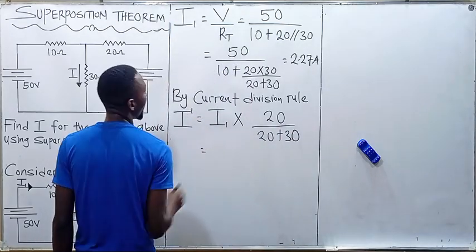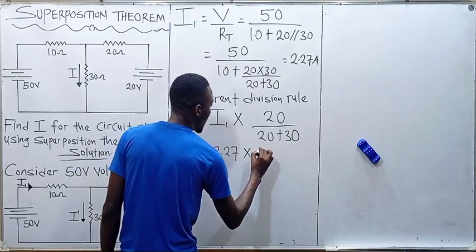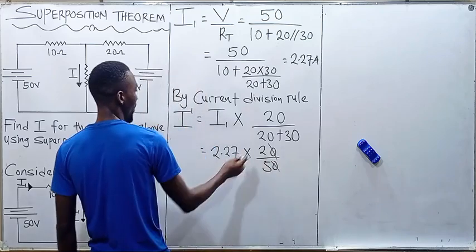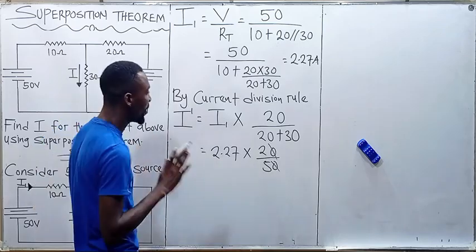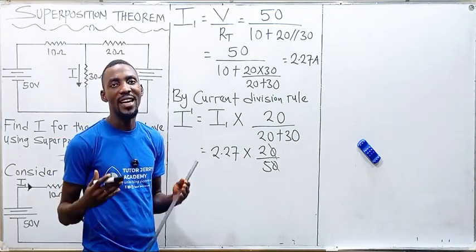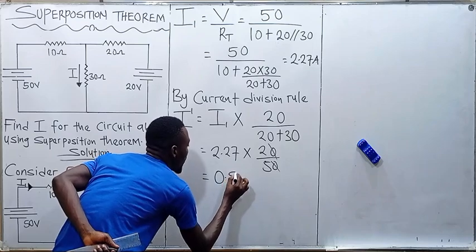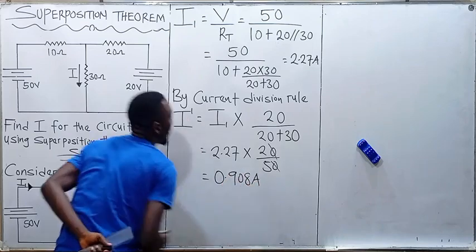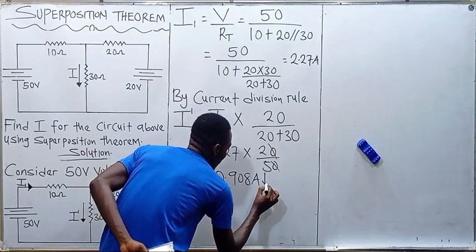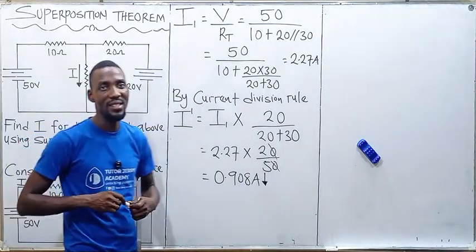If you substitute, I prime is 2.27 multiplied by 20 over 50, so this 0 can go with this, that is 2 multiplied by this divided by 5. If you press that correctly in your calculator, you are going to have 0.908 ampere. So what is the direction? The direction is downward.